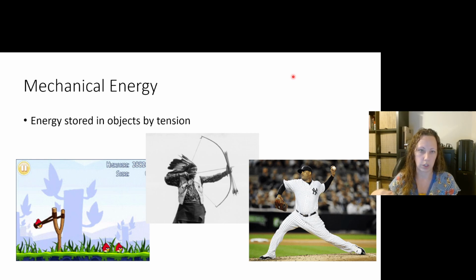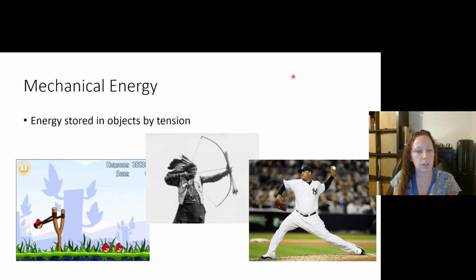Okay, so the motion energy could also be called mechanical energy, but because we're following what the government website says, we're going to call this mechanical energy and the other one motion energy. But for this, it's energy stored in objects by tension.